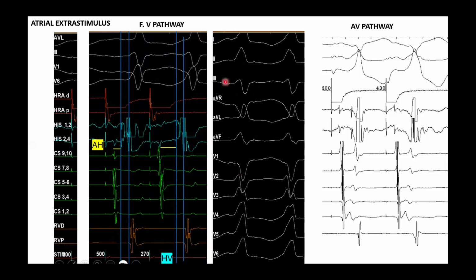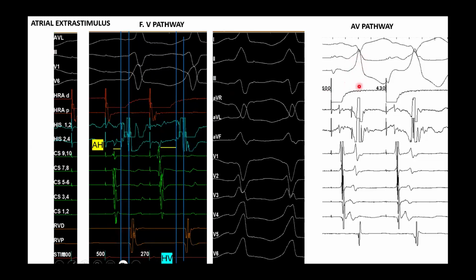This is at 500 and the extra stimulus at 270; we will not be able to appreciate any increase in the pre-excitation, because the fasciculoventricular pathway will have fixed pre-excitation. Side by side, I compared the normal atrioventricular pathway here with 500 extra stimulus.